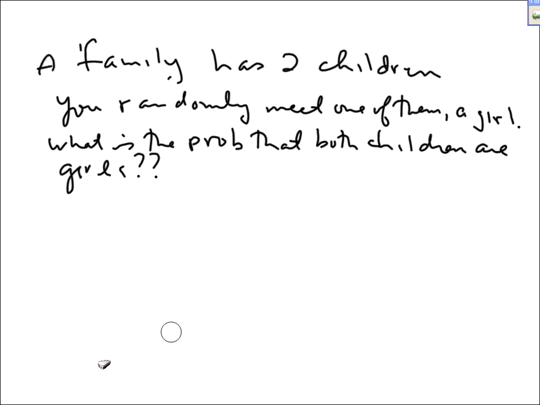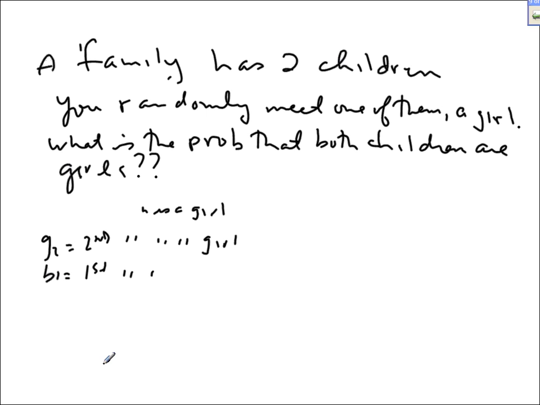Okay, let's just get some notation down. G1 will be the firstborn is a girl. G2 is the secondborn is a girl. B1 is the firstborn is a boy.